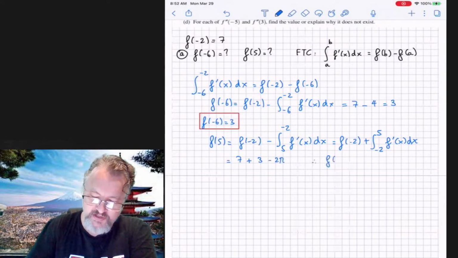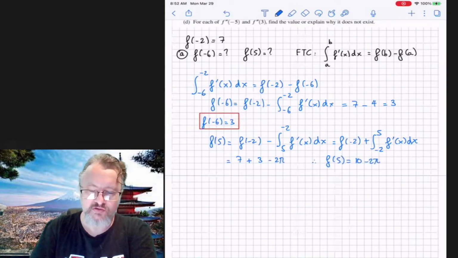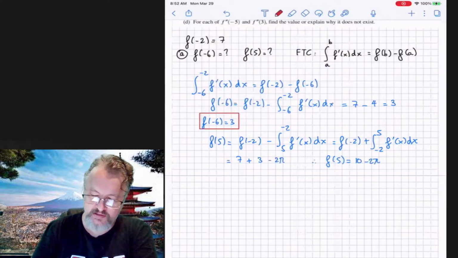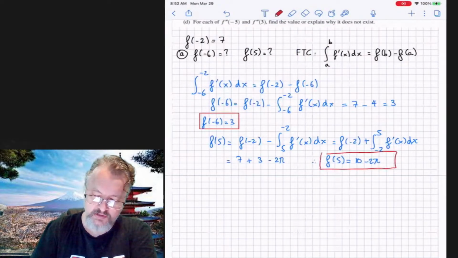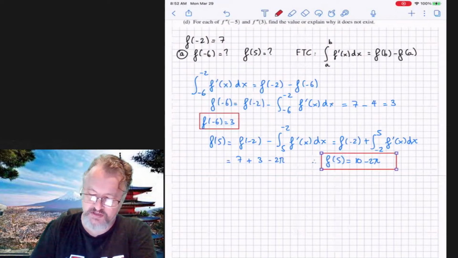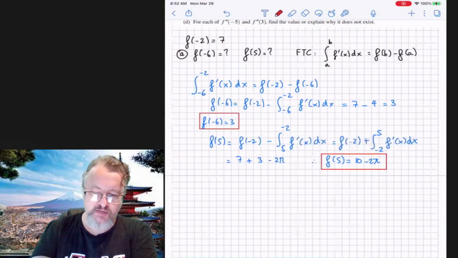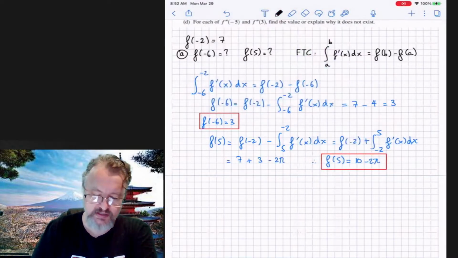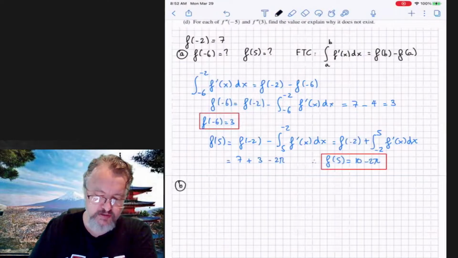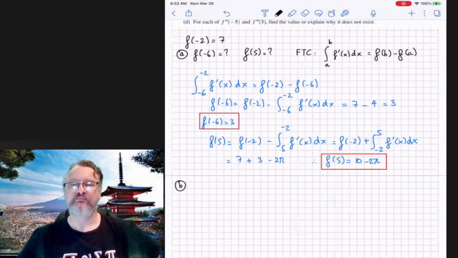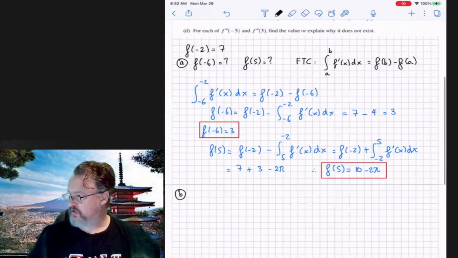Therefore, f at 5 is going to be 10 minus 2 pi. And we have this beautiful result right here. Okay, we're done with part A. Let's look at part B. Okay, 10 minus 2 pi.